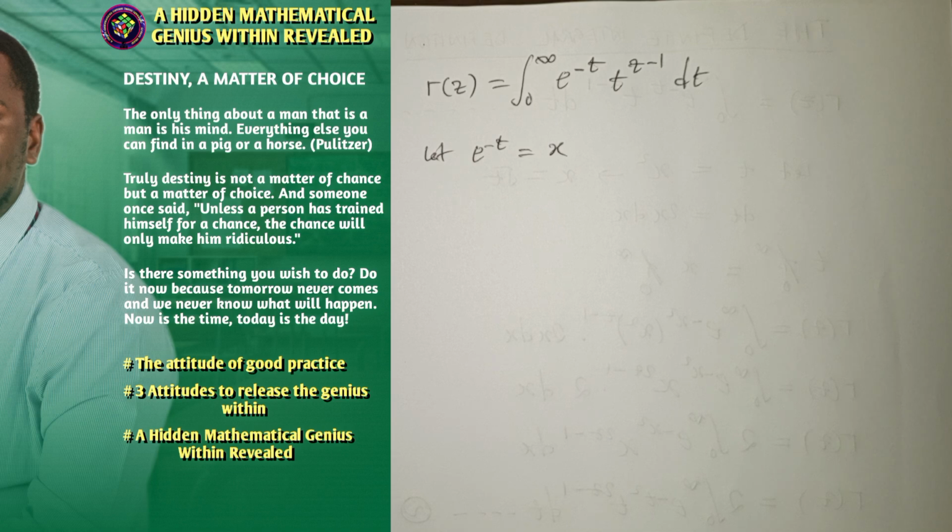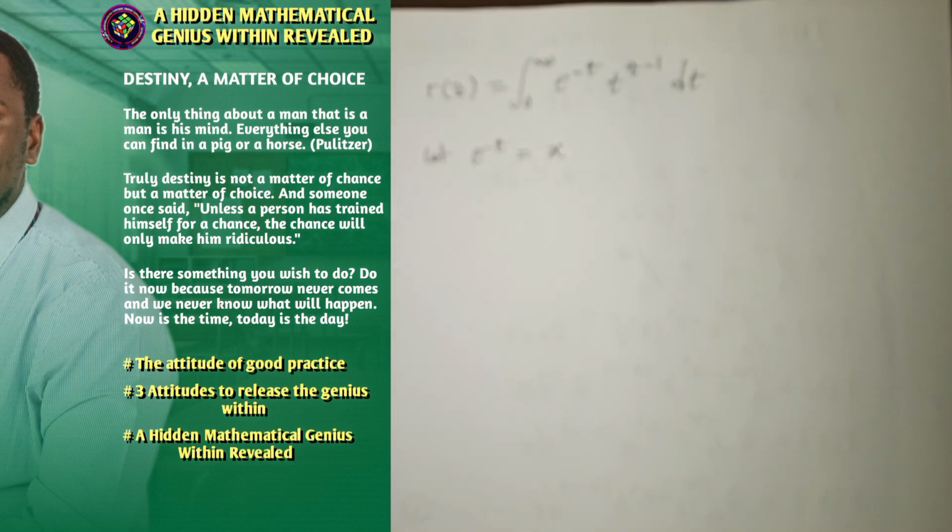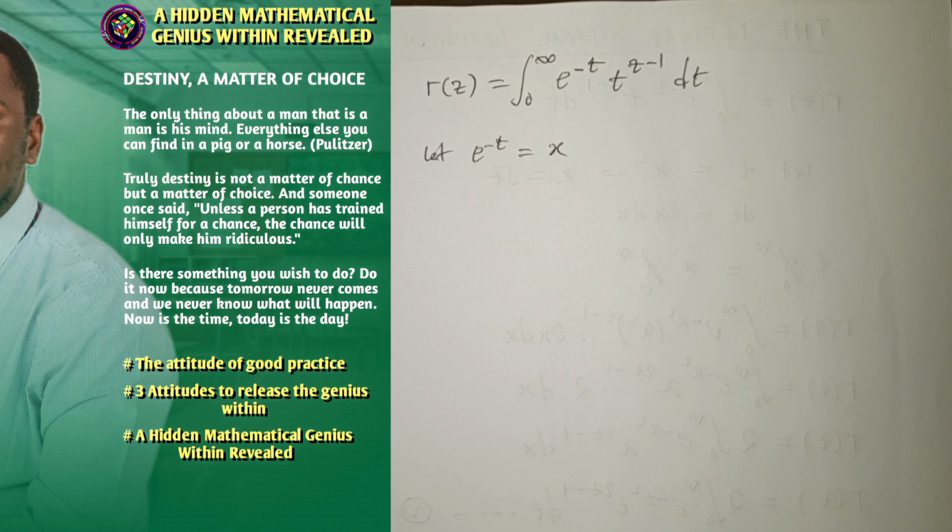So what we can do, we can bring down the minus t there, or we can just get rid of the exponent. And we know that the reciprocal of an exponent is the natural log.